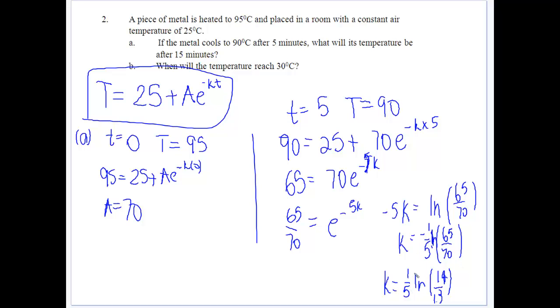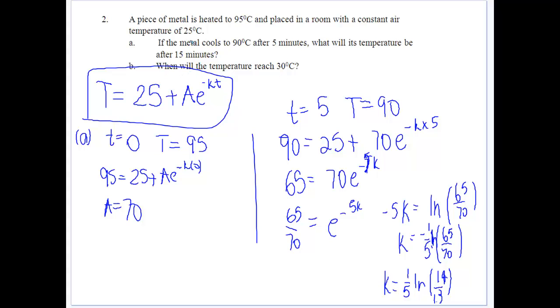So I've changed the minus to a positive, but the natural log of 13 on 14 becomes 14 on 13, because that would have been a negative as well. So 65 on 70 was a negative, so change it to 14 on 13. So doing the division, but changing it around, it becomes a positive, because we had the negative out there. So we had a negative times a negative, made it positive.